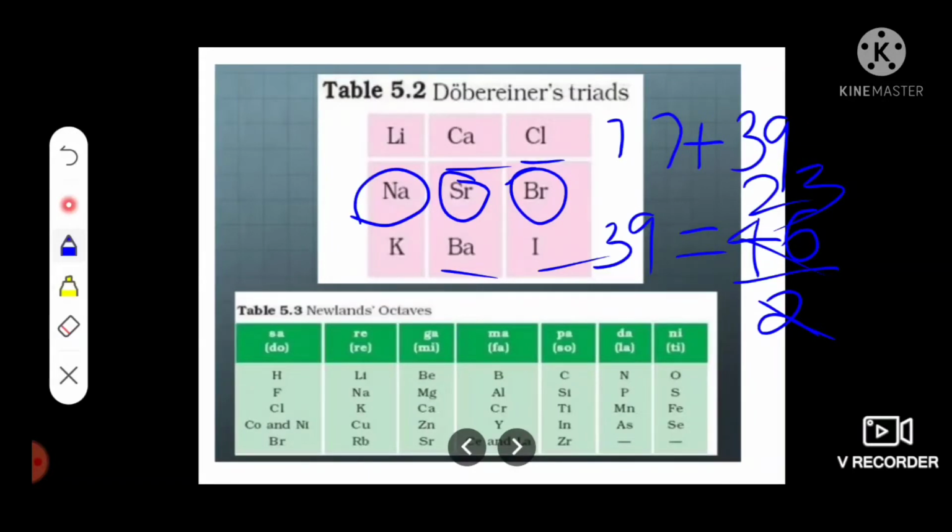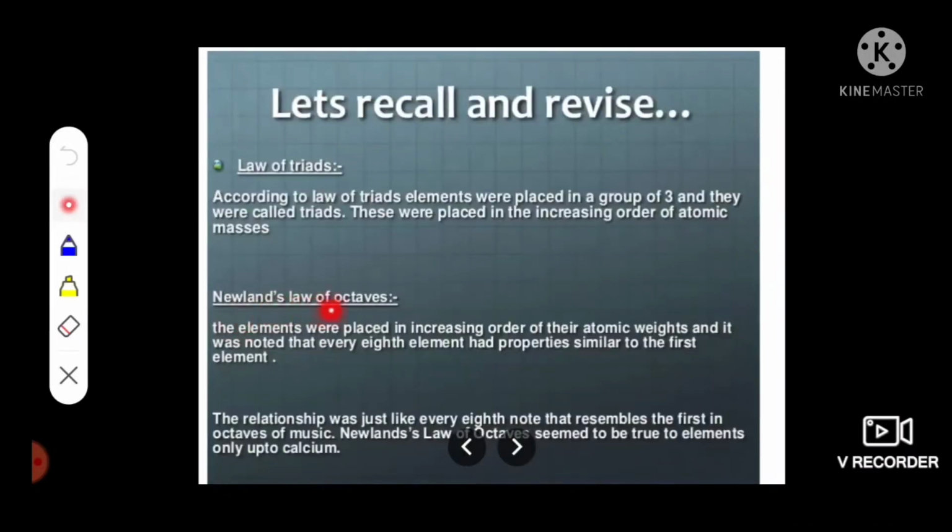But this law failed because this classification could arrange only a limited number of elements. And the next law is Newlands' law of octaves, proposed by John Newlands, an English chemist, in 1864.